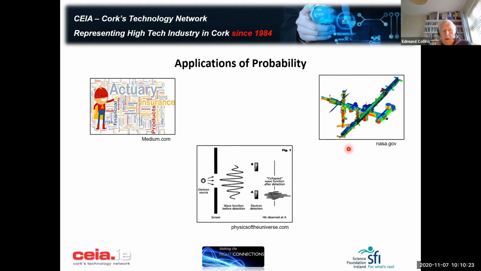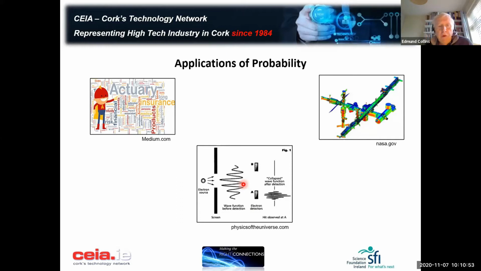Albert Einstein and others, Schrödinger and other very good scientists, worked in this area and developed the concepts, and probability comes in quite a bit there. So if any of you go on to study physics in college, and particularly quantum physics, then you will be looking at this area as well, and the applications of probability.